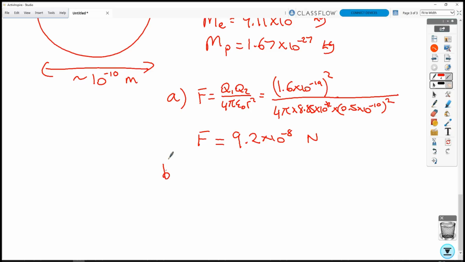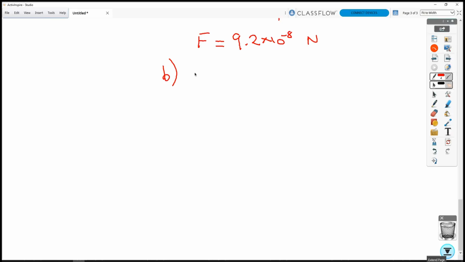All right. Then for part B, we're going to work out the gravitational force between them. So we do F equals G m1 m2 all over r squared.